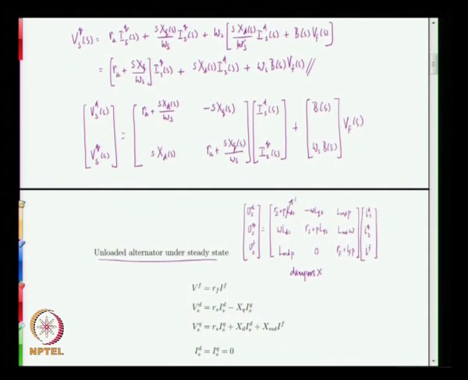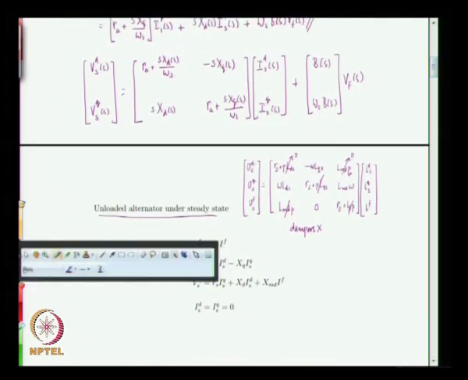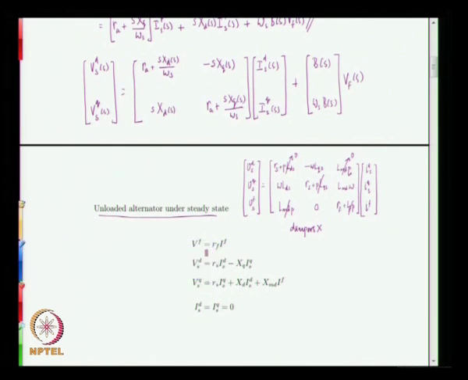So all the terms which involve p, which is d by dt, will go to 0, and therefore under steady state this dynamic equation reduces to a much simpler form, as represented here.